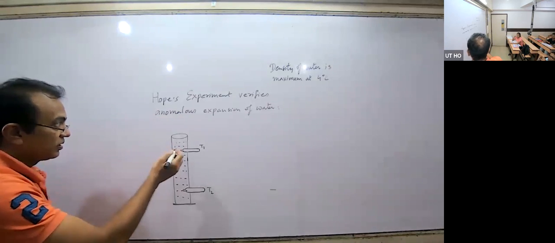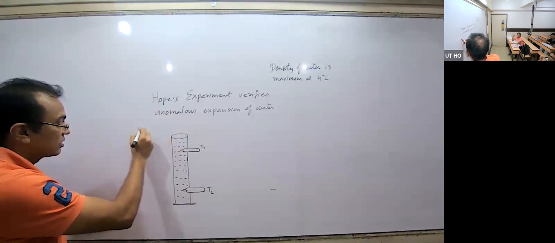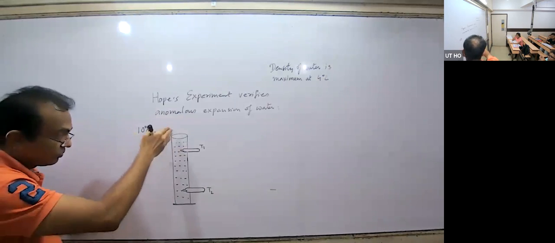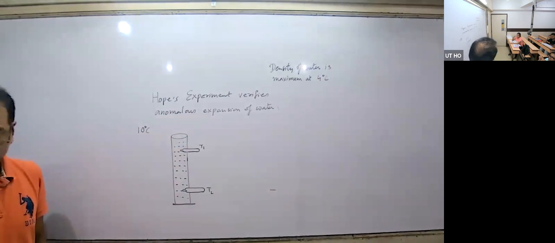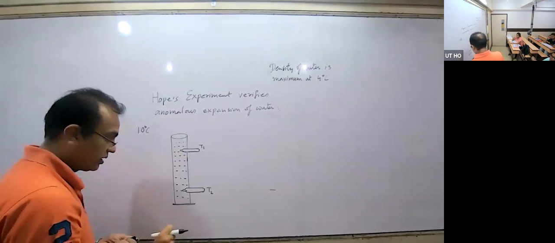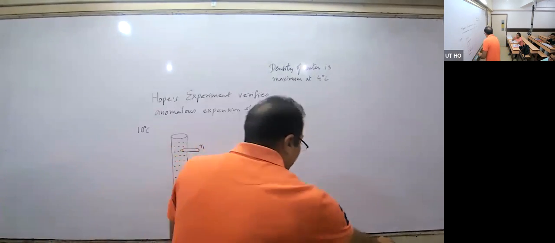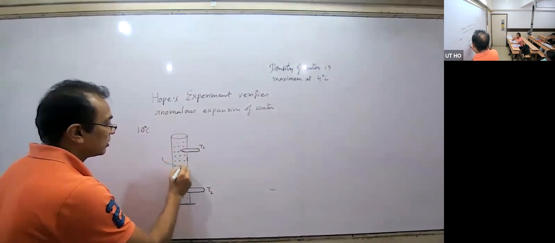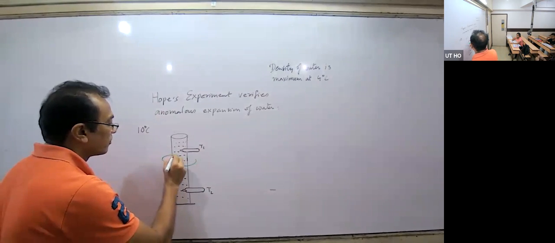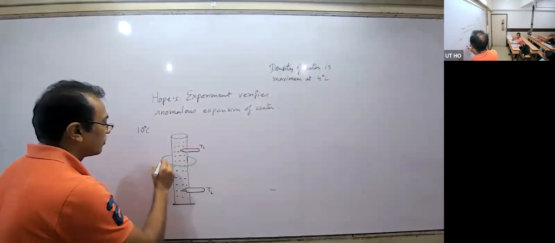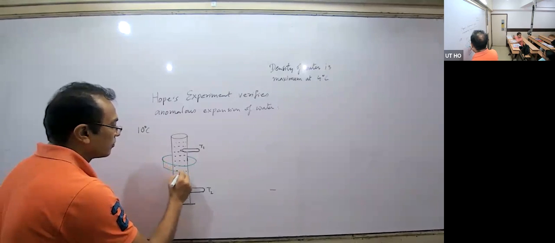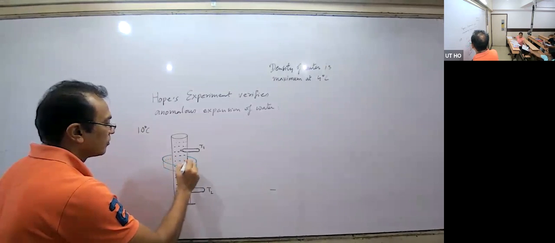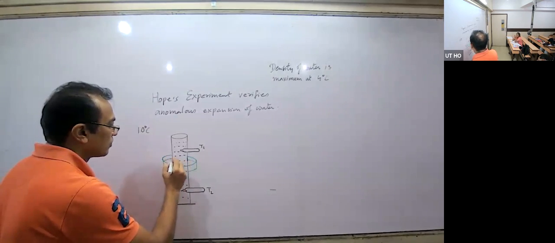Now let's say it's a winter season and the outside temperature is, let's say, 12 or 10 degrees Celsius. Okay? So right now full water temperature is 10 degrees Celsius. Now what is done is we are fixing a tray in the middle. Okay?